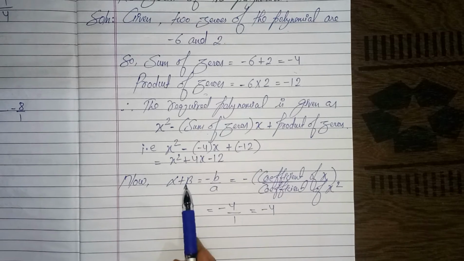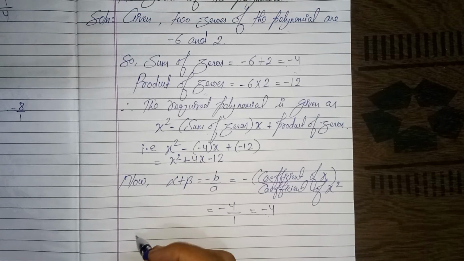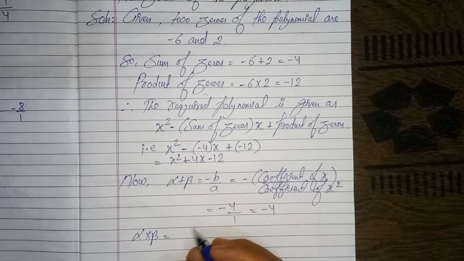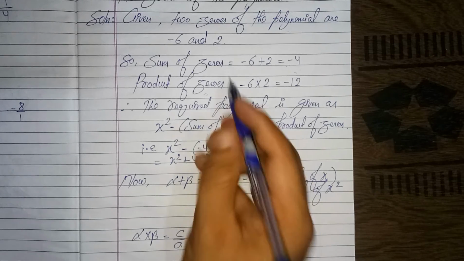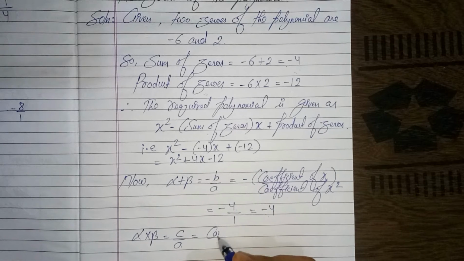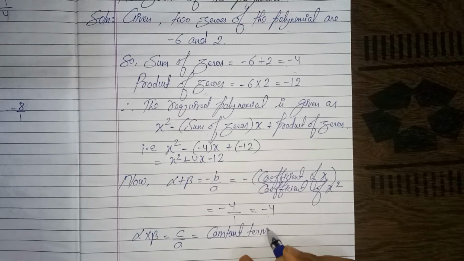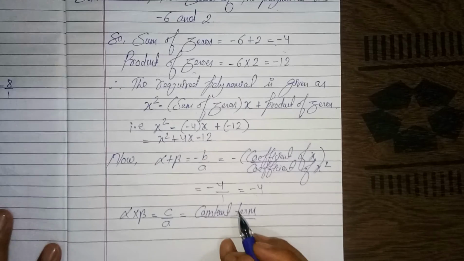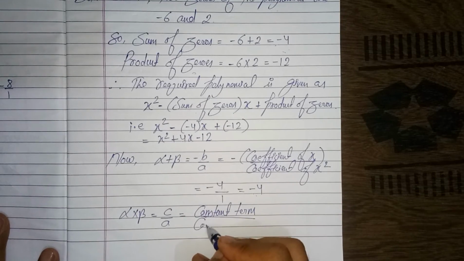Now we know that the sum of the zeros is -4, so you can easily check. Now product of zero, alpha multiplied by beta is equals to, this is c by a, which means this constant term divided by this a, the coefficient of x square.